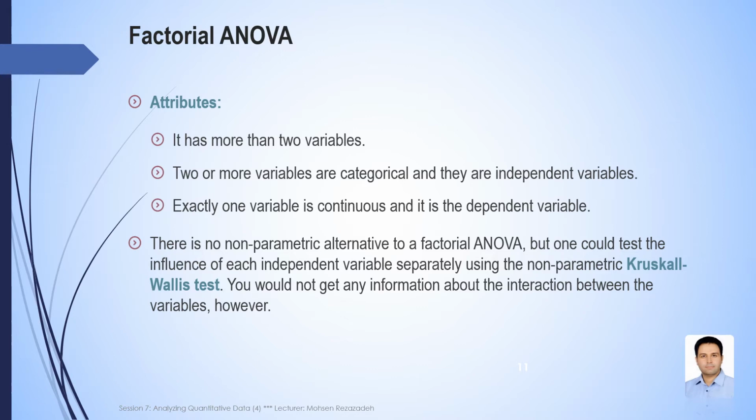So if you had to use a non-parametric equivalent, the only thing you can do is, for example, if you have two independent variables, you can conduct two Kruskal-Wallis tests. But the problem is that you cannot investigate the interaction between the independent variables here.